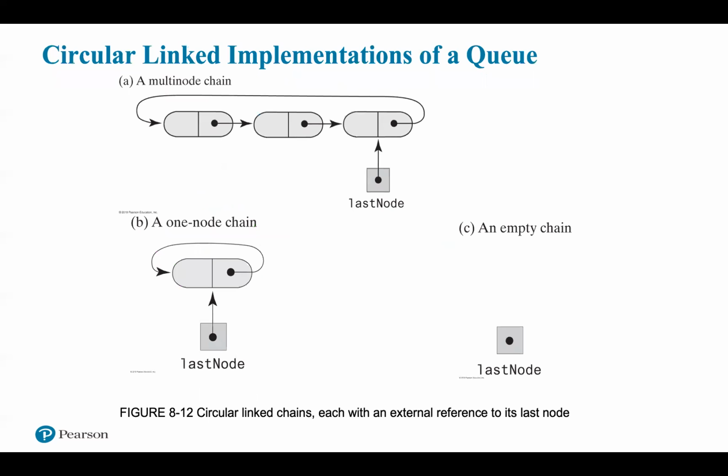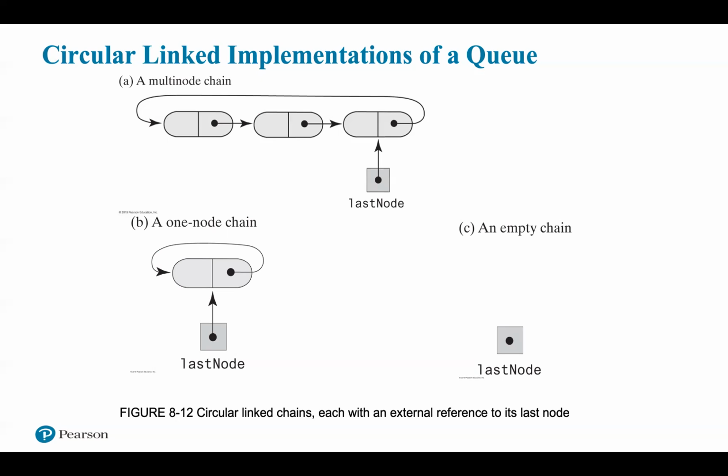And let's talk about the circular linked implementation of a queue. Figure 8.1 in Segment 8.1 shows a chain of linked nodes that implemented the ADT queue. This chain has two external references, one to the first node and one to the last node in the chain. Recall that these references are particularly useful for a queue implementation since a queue's operations affect both of its ends.